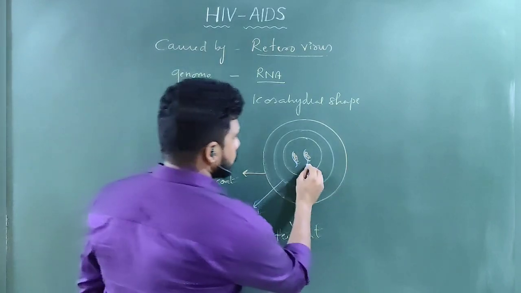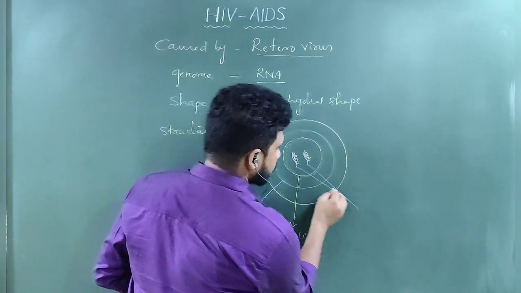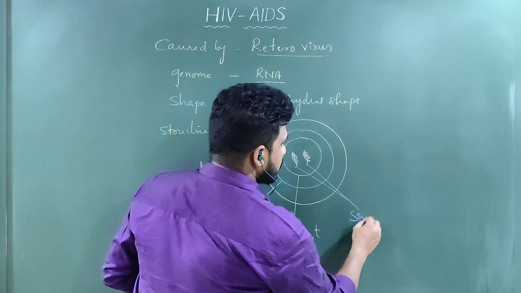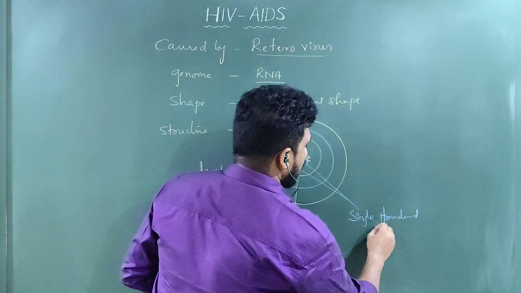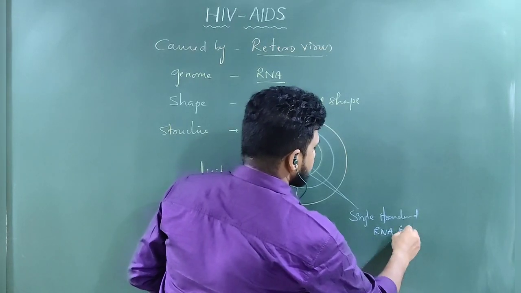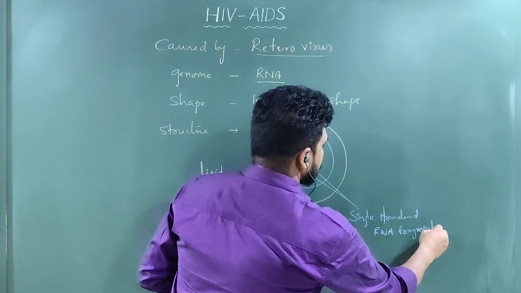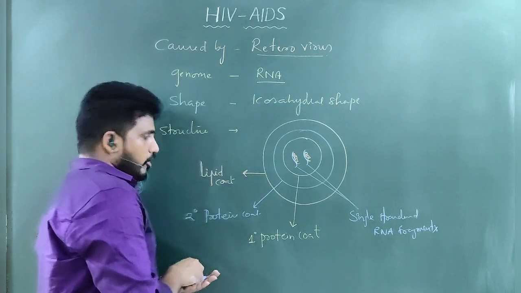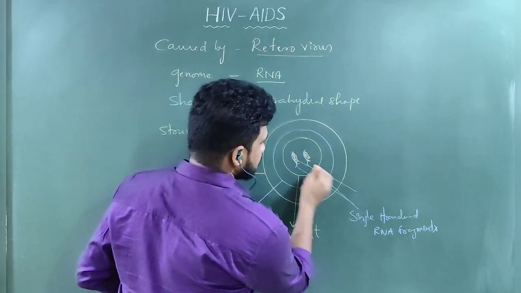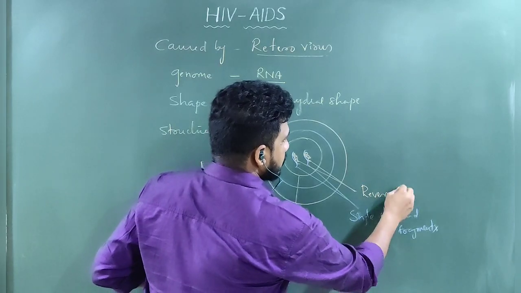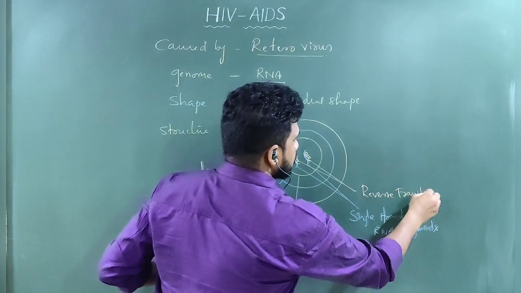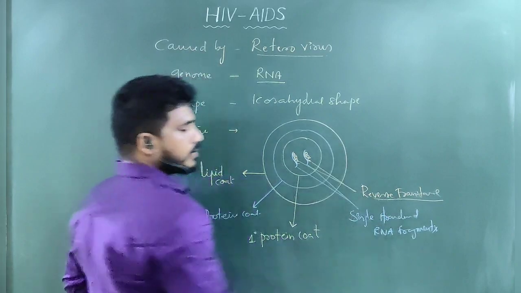Then what are these two? This one and this one. These are single stranded RNA fragments, molecules, and along with that, the attached things. This is reverse transcriptase enzyme.